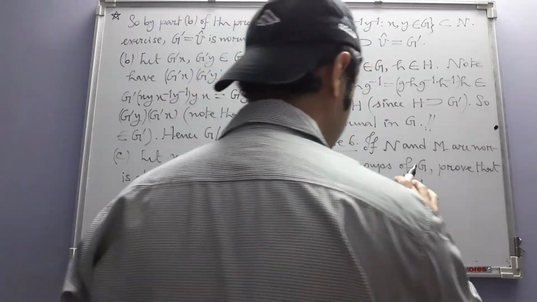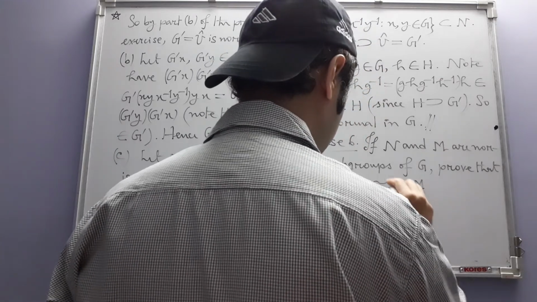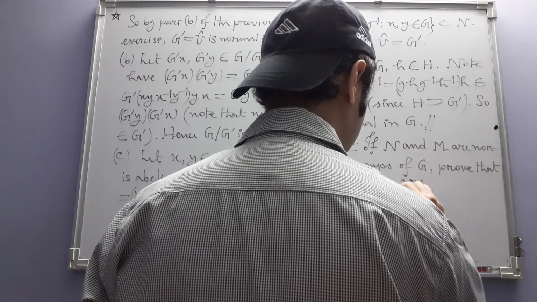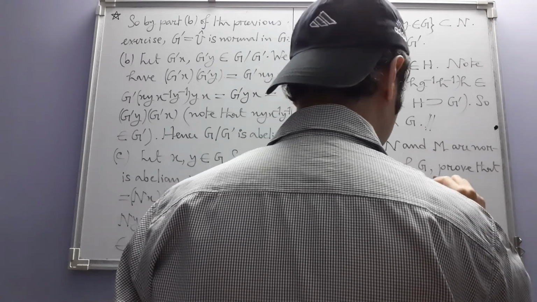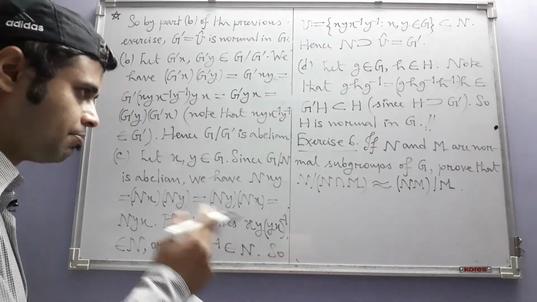It does not matter because isomorphic, this relation is symmetric. NM by M. I keep on saying divided by, it's not divided by, it's by M.